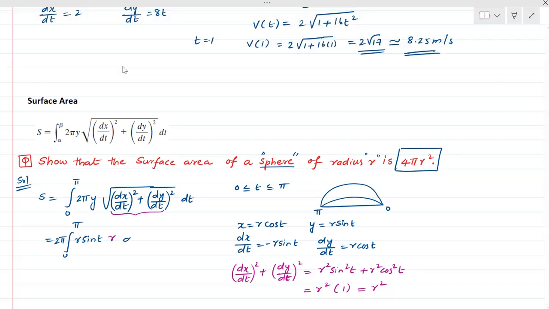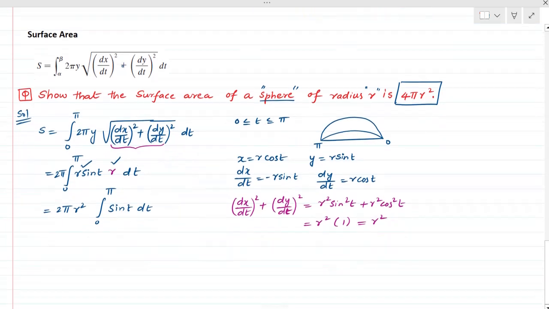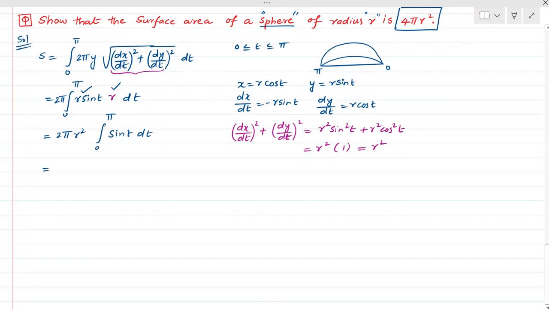Into dt. Now when we are integrating with respect to t, r is a constant, so take it outside of the integral. We get 2 pi r squared times the integral from 0 to pi of sine t dt. When you integrate this, the integral of sine is minus cosine, so minus cosine t from 0 to pi.